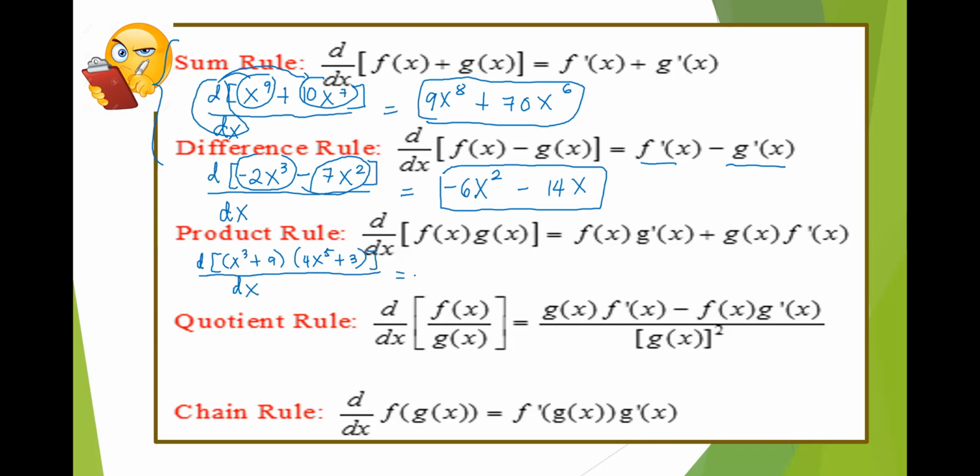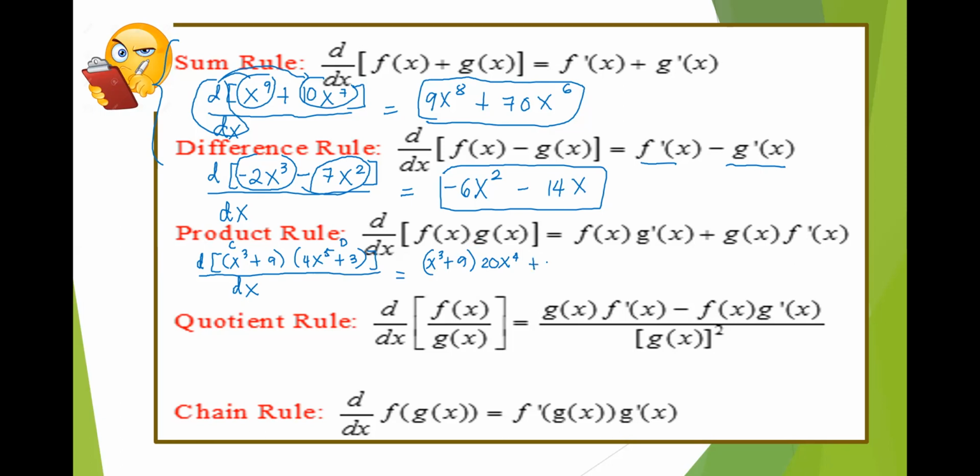So according to this rule, we need to copy the first factor, which is x cubed plus 9. Let's label it as C. That means we have copied that. Tapos yung second factor, let's label it with capital D, which means we're getting the derivative of the second factor, which in this case is 20x to the 4th.